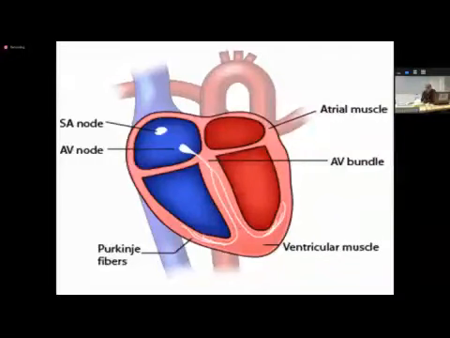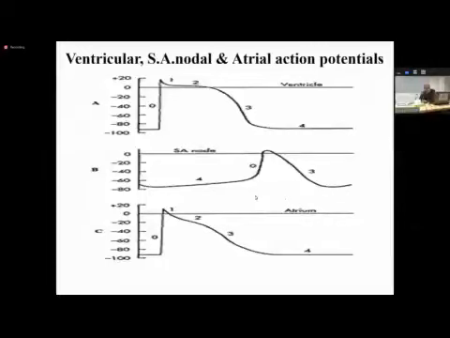So the only channel remaining which can bring a cation, a positively charged ion, from the ECF to the ICF is the calcium gated channel. Son, they are gated, but what was their characteristic? What word did I use? Slow to open. Slow calcium channels. Sodium were fast to open and fast to close. So the story of the action potential of the sinoatrial node starts with the slow calcium channels.